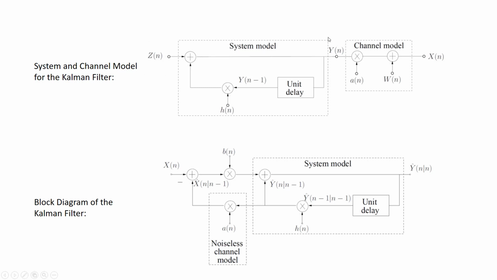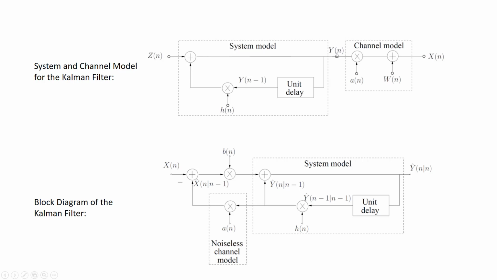As I said before, we cannot observe the process y of n directly. Instead, we observe it through what we call the channel model. The channel model here exemplifies how each of the samples of the observable process x of n are generated from the samples of the unknown and non-observable process y of n.